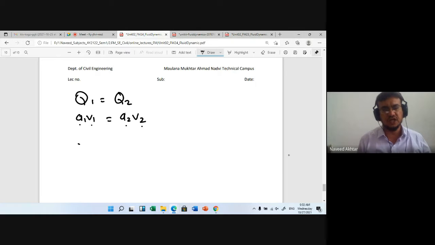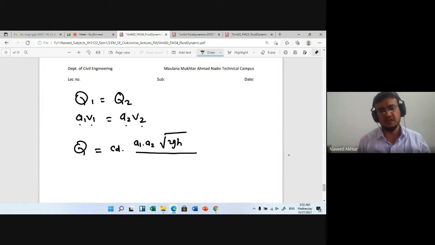And you know the discharge formula, Q equals CD into A1 A2 under root of 2GH divided by under root of A1 square minus A2 square.